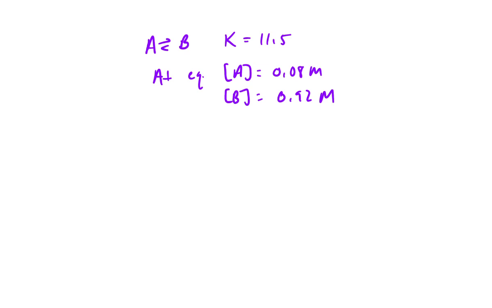So we notice we have a large value of K, it's greater than 1. This tells us that the reaction is going to be product favored. And you can see based on the concentrations, we have a larger concentration of product. So that all is holding true. So what happens if the concentration of A is increased to 0.5 molar from its equilibrium concentration of 0.08?